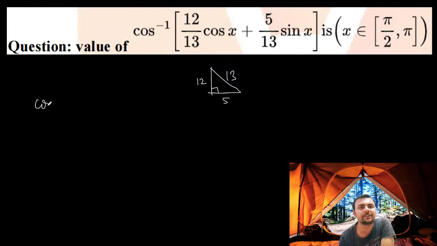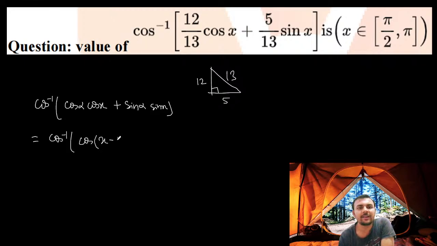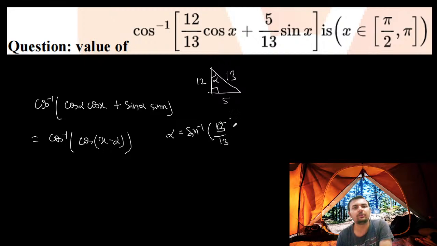So we have simply cos inverse of (cos alpha cos x plus sin alpha sin x), which is nothing but cos inverse cos of (x minus alpha), where alpha is sine inverse 5 by 13.